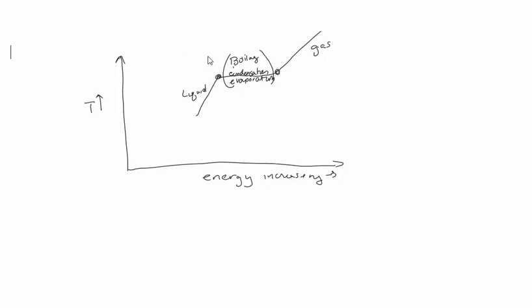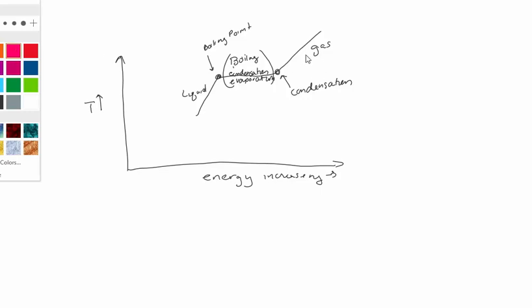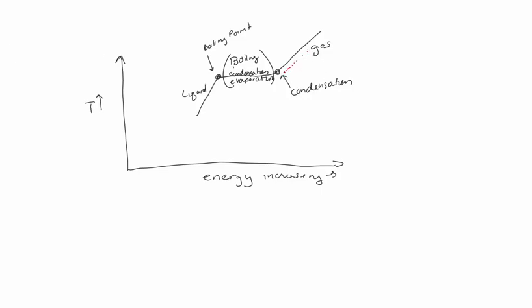Now, generally speaking, we call this point here the boiling point. And we call this point here the condensation point. That's because as we move from the gas phase down to the liquid phase, we condense. And as we move from the liquid phase up to the gas phase, we start to boil.